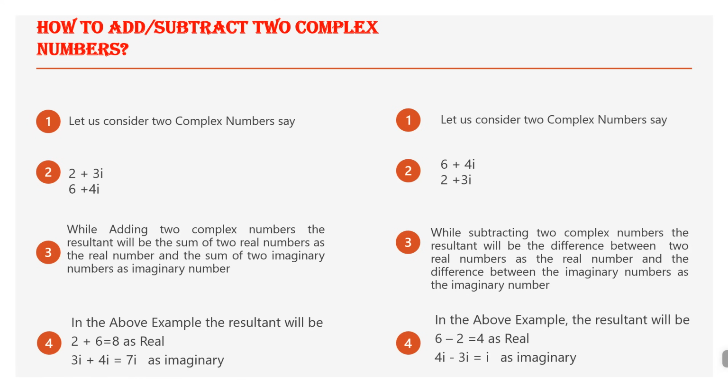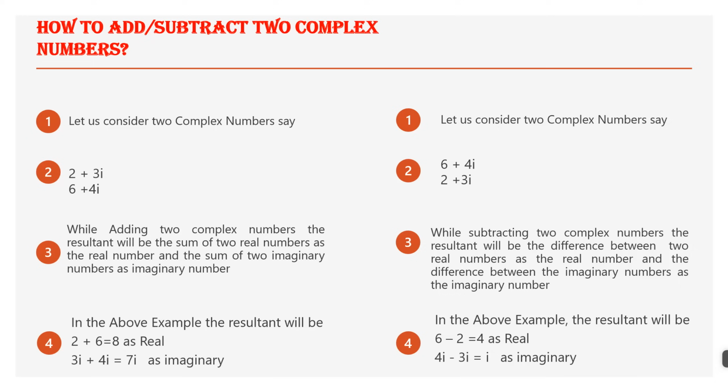Now before going to the programming environment, let us consider two complex numbers, say 2 plus 3i and 6 plus 4i. While adding two complex numbers, the resultant will be the sum of two real numbers as the resultant real number and sum of two imaginary numbers as imaginary number.